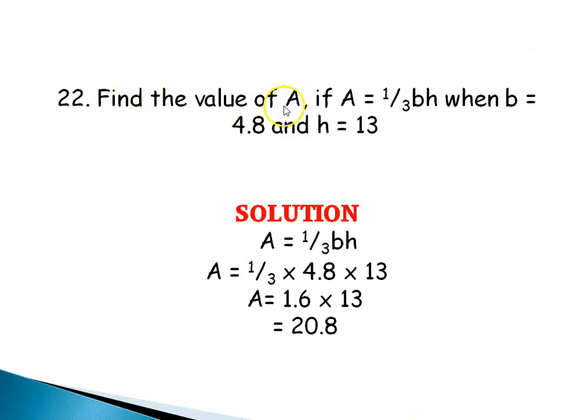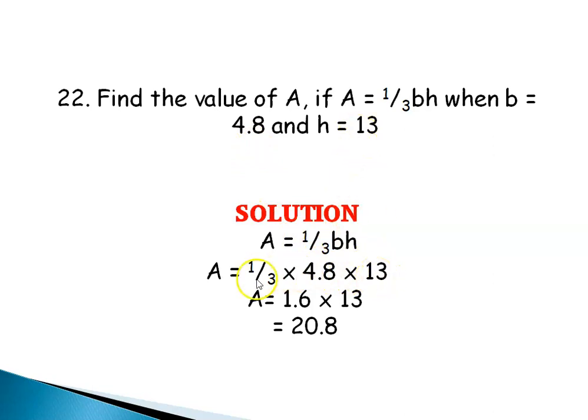Find the value of A if A is 1 over 3bh, where b is 4.8 and h is 13. Okay, so we are going to put in the value of b and h into this equation. A is equal to 1 over 3 times b, which is 4.8, times h, which is 13.